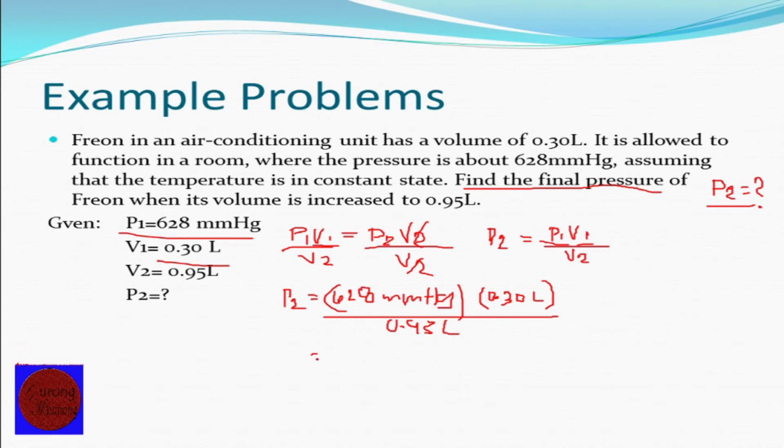So first, by using PEMDAS, we use parentheses first or multiply. So 628 times 0.30 is equal to 188.4 mmHg.